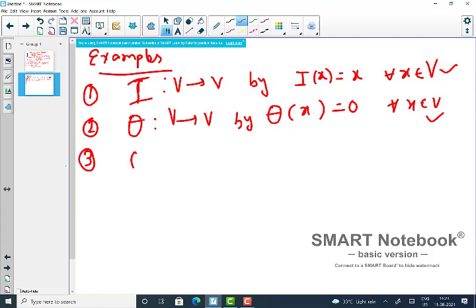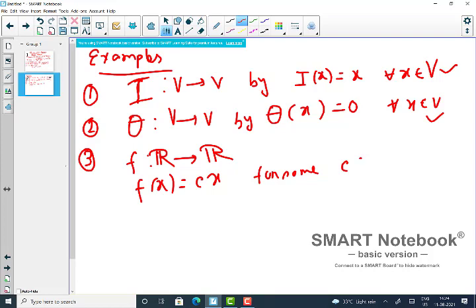Similarly, if you want to find something which is non-trivial, take, for example, a map from the real line to the real line. Instead of I, which was identity, taking an element to the same element, you define something by an element multiplied by a constant, for some c belongs to R. Then also this is a linear map, right?